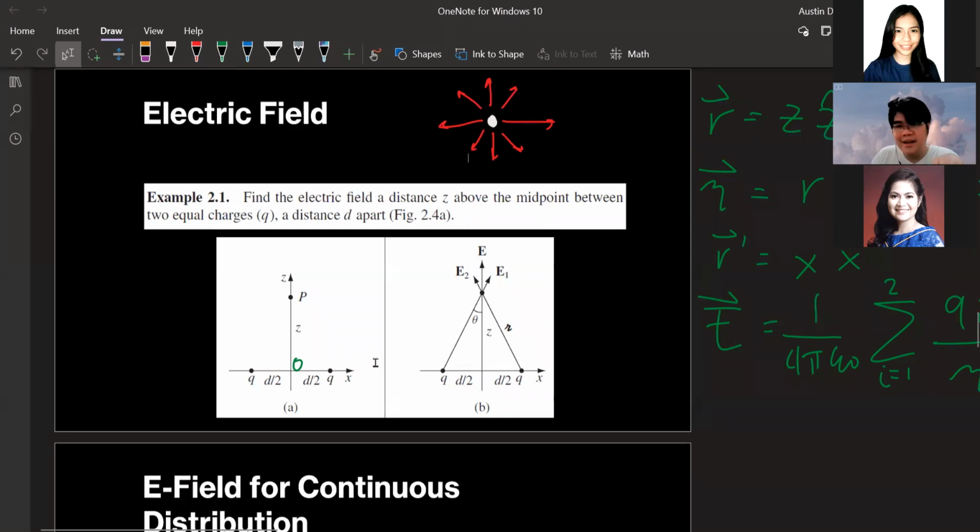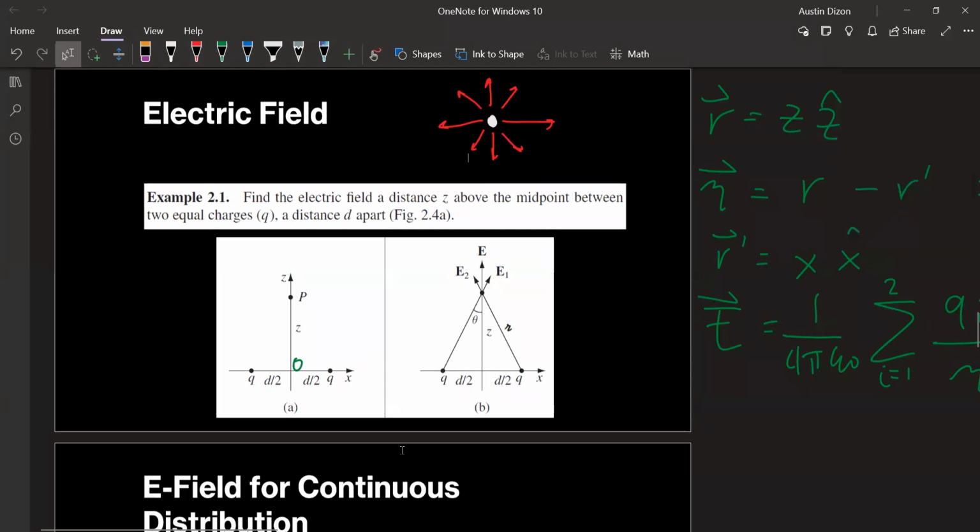Okay, let me turn off my camera for a moment, guys. Where was I? Okay, if you remember the topic about electric field lines in your earlier physics subject, when the charges are the same, they don't intersect.